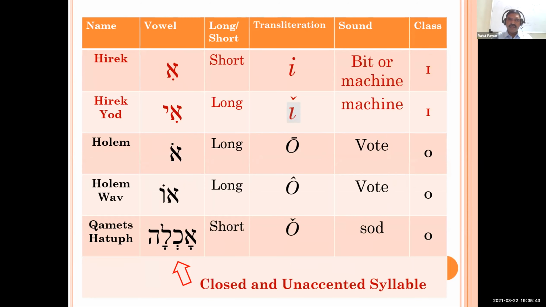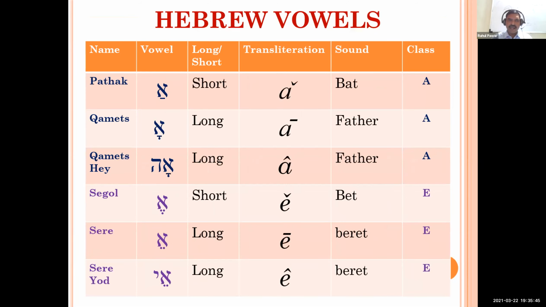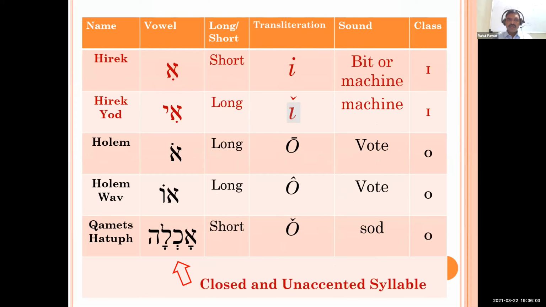Last time we learned Patach, that is A sound, Qamets A sound, Qamets He, further long A sound, Segol E sound, Sere long E sound, Sere Yod, a very long E sound. Today we have learned about Hirek, it gives I sound, like I in machine. Then Hirek Yod gives a further long I sound, I in machine.